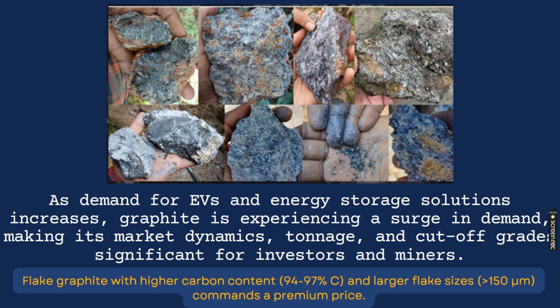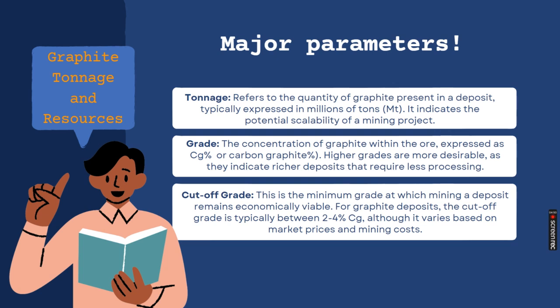For significant investors and miners, all those parameters are important. Flake graphite with higher carbon content, about 94 to 97% total graphitic carbon, and larger flake size always enhance the rate. So what are the major parameters?